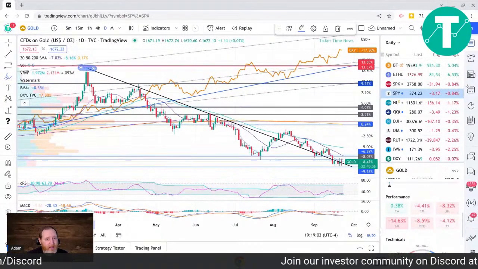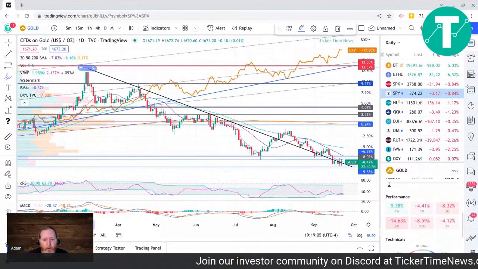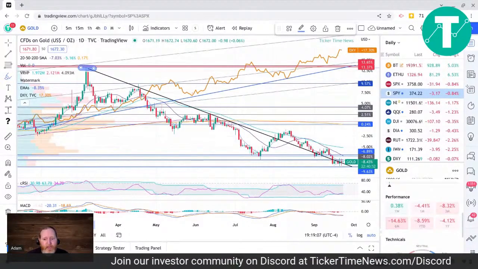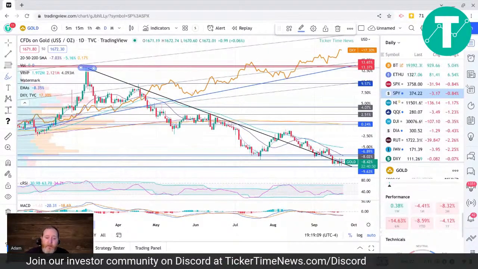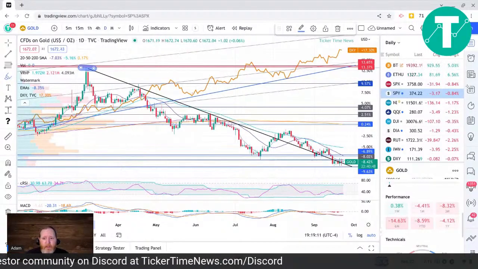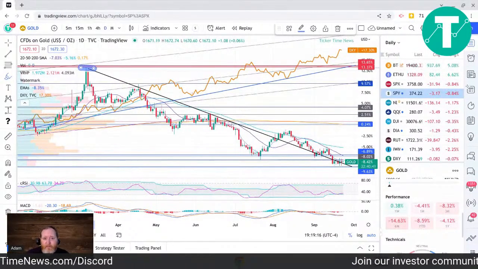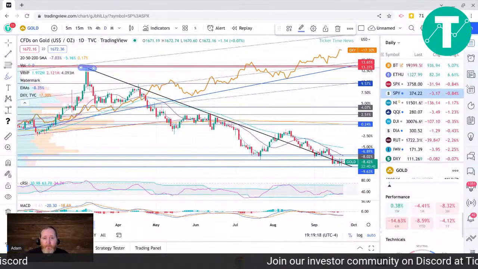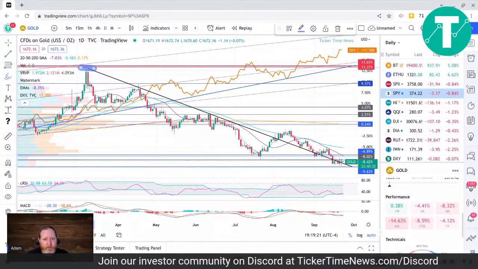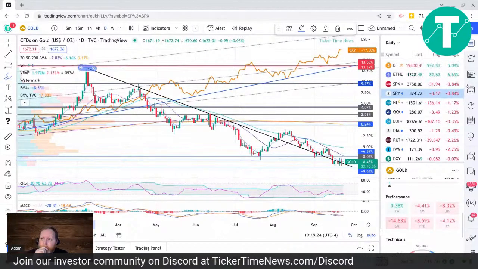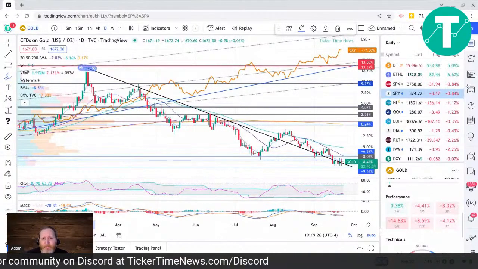But year to date, gold is down 8.5%. Now, if you compare that to the S&P 500, being down somewhere between 15 and 20% for the year, and gold being down 8.5%, well, you might think it's not doing that bad.